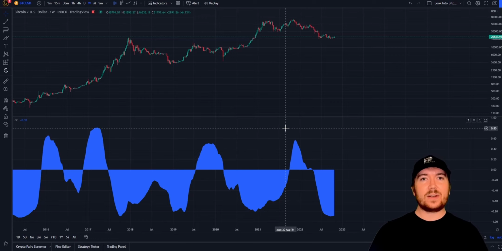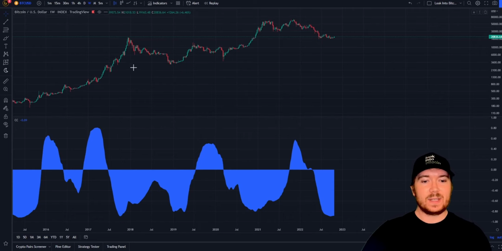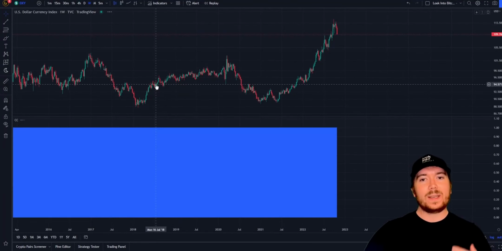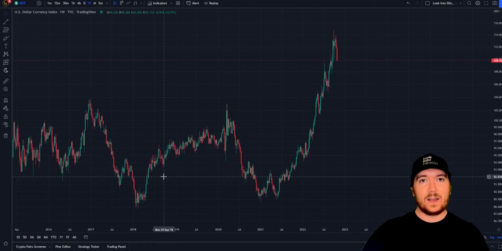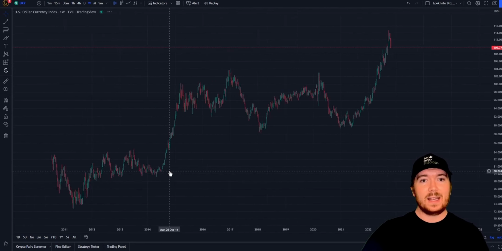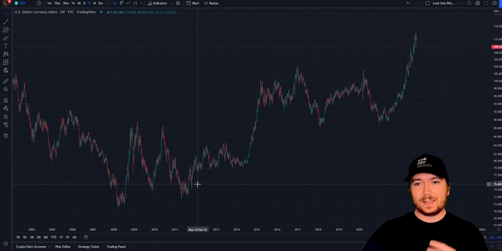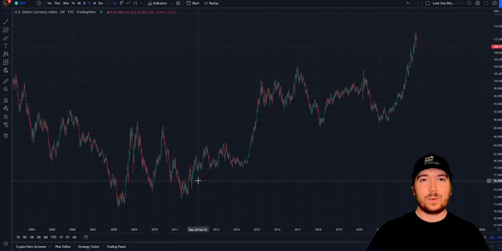This is due to the general risk appetite of most investors decreasing and looking for a safer alternative, being the US dollar. So as we've seen over the past few months, if we load up the DXY chart, we can see the actual value of the US dollar has increased substantially for a very prolonged period of time. If we look back over the past few years, we can see we're at the highest levels of DXY US dollar strength we have been for decades.